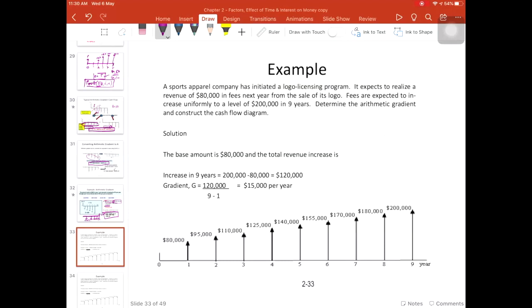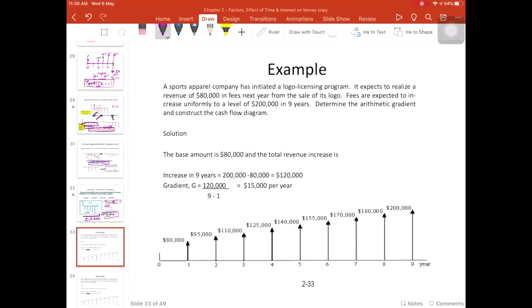Determine the arithmetic gradient and construct the cash flow diagram. So we know that the base amount is 80,000 ringgit, and at the end of year 9 it is 200,000 ringgit. So for the gradient, you minus the last year and the first year, and we get 120, and then we divide by the number of years. Then you will get G as 15,000 per year.